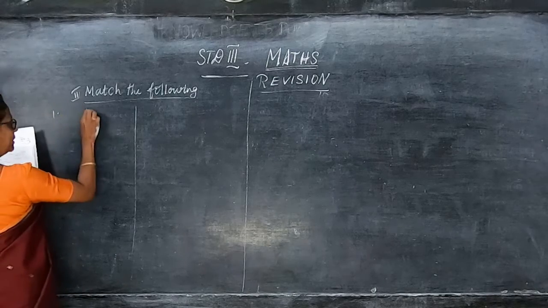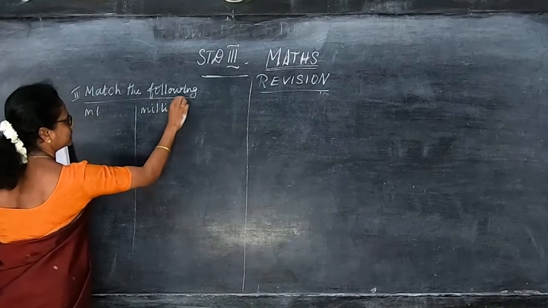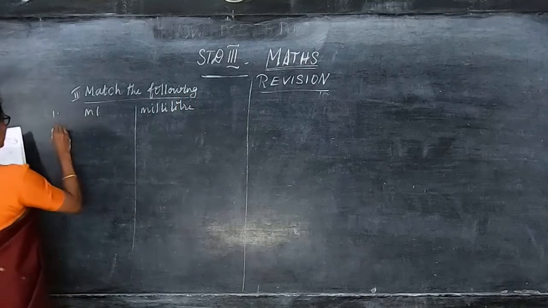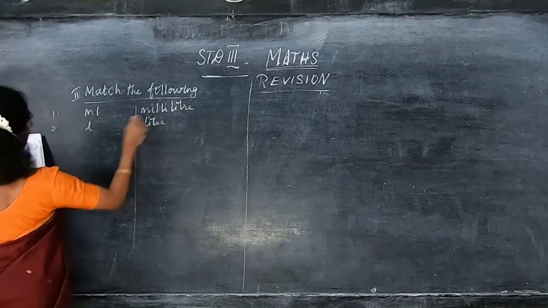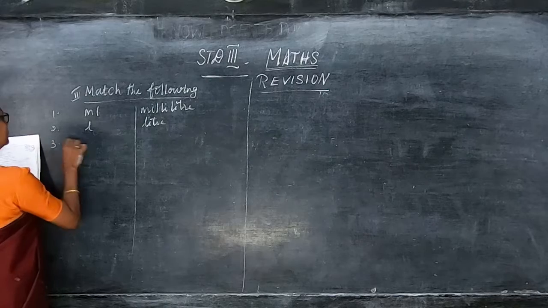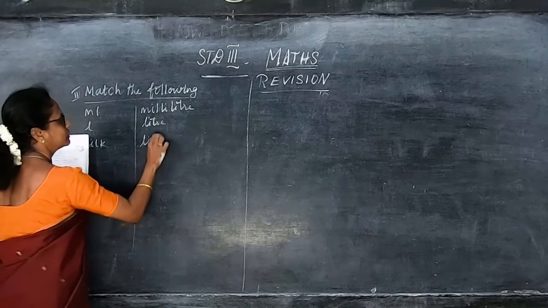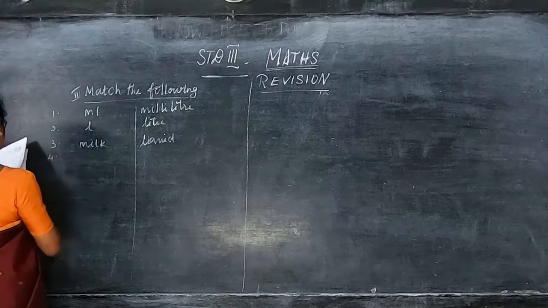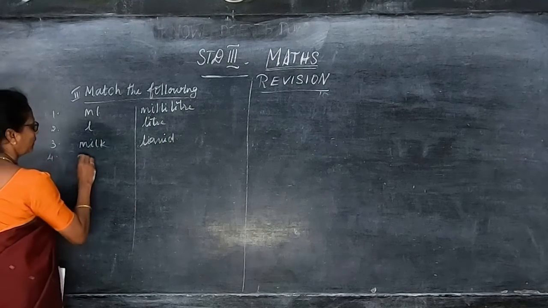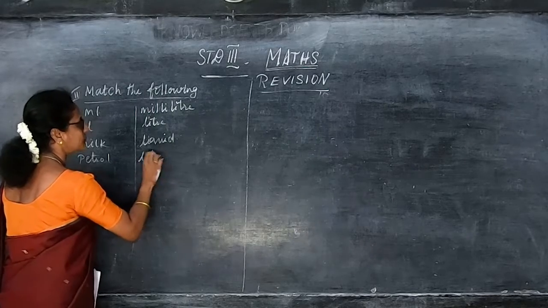First one, ml. You can write milliliter. Ml is milliliter. And second one, L is the liter. And third, milk. Milk is a liquid. And fourth one, petrol. Petrol is liter.